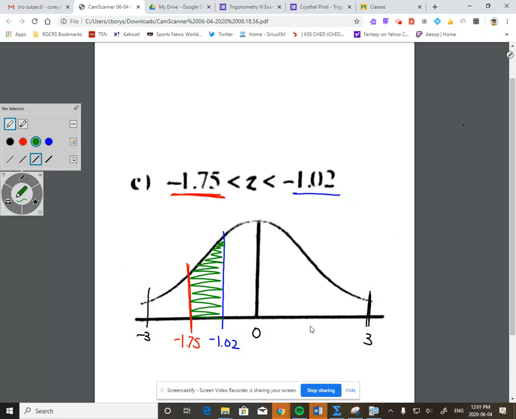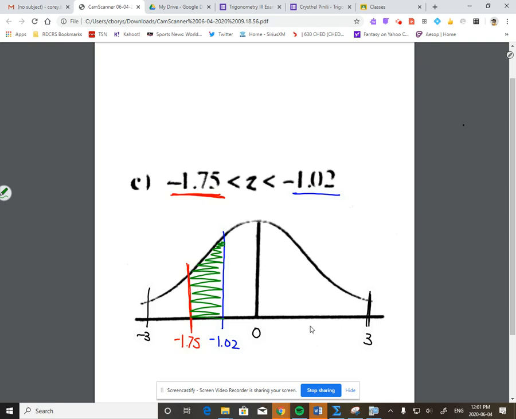Now, the whole area under the curve, if I was to go entirely from negative infinity to infinity, adds up to 100%, or 1. So this value that we're going to get is going to be a number less than 1, because our calculator is going to give it to us as a decimal, not as a percent. Because this is a normal curve, it's split exactly in half, so this line represents 50% going this way and 50% going that way.